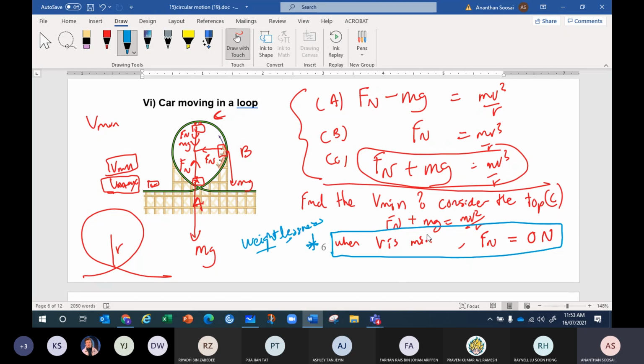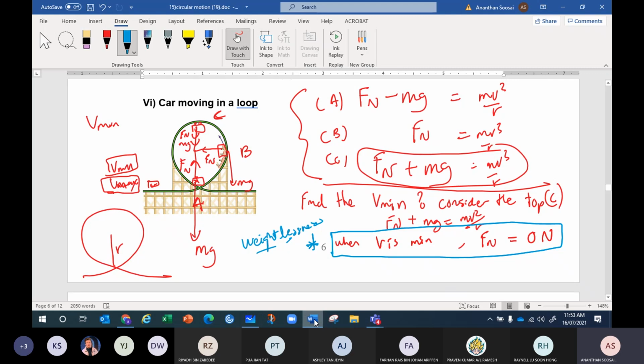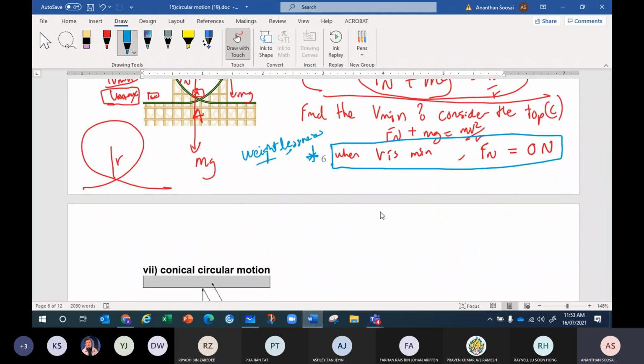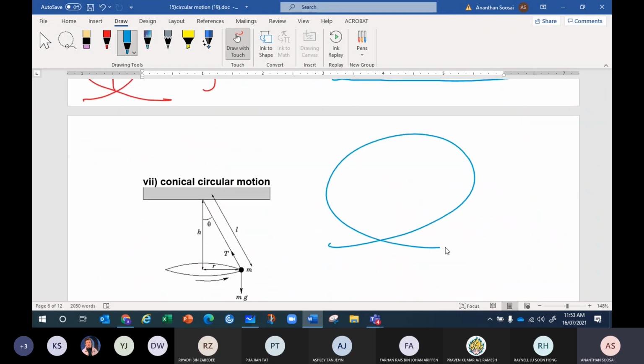To explain this further, let me go to the whiteboard. I'm having a problem with this software. Okay, let me use this space. Try to imagine you are in the roller coaster.